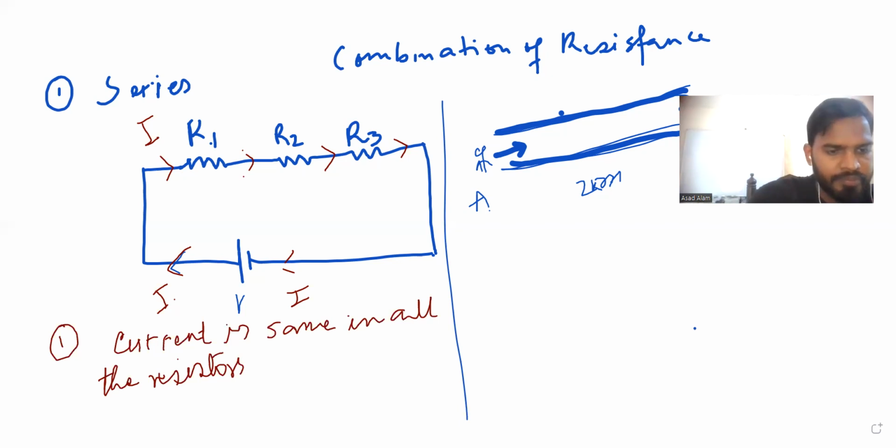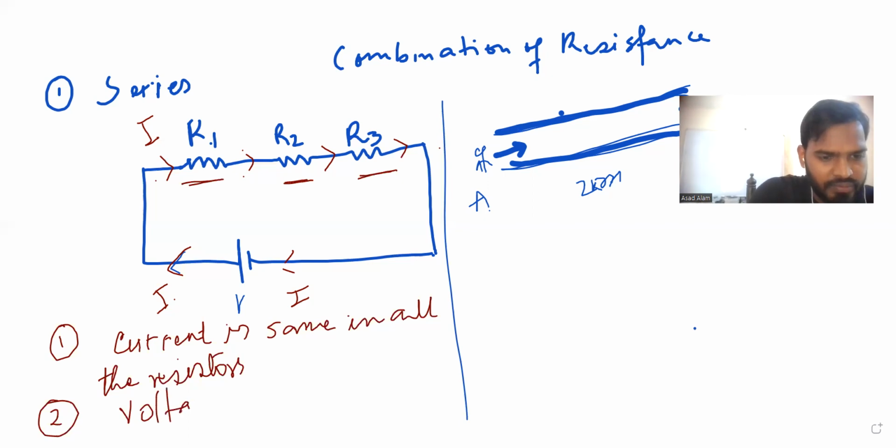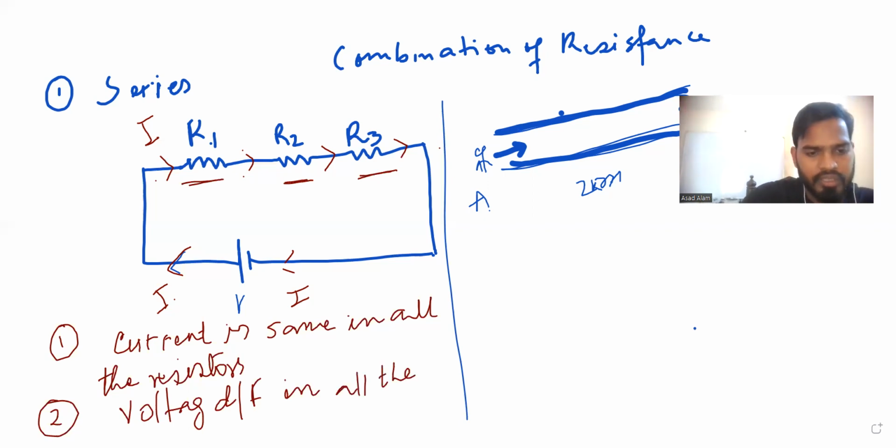Second, voltage is different in all the resistors. Suppose it took 2 hours to go from A to B and you are going by walk. Of course you will have more energy here, then less here, least here, because you are losing your energy. So voltage is different in all the resistors.